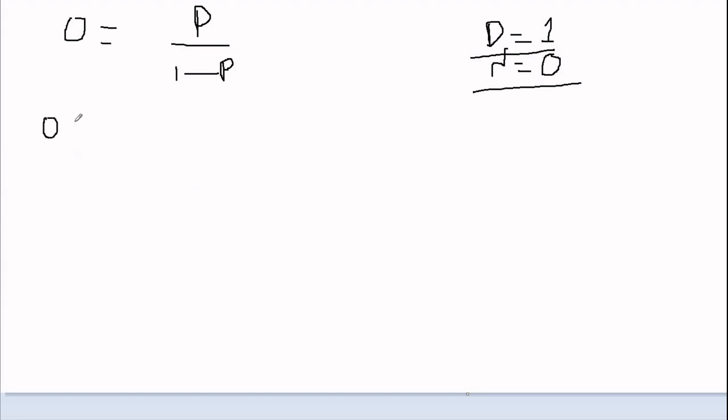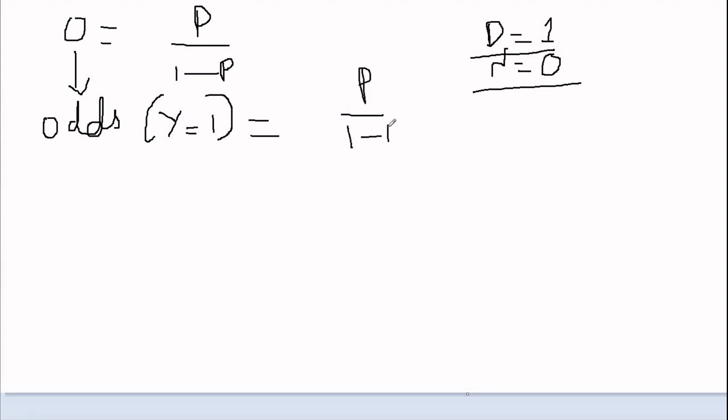So this can also be written as odds, y is equal to 1, equal to P by 1 minus P. From the expression that we learned earlier, P is equal to 1 by 1 plus e to the power minus y, right?